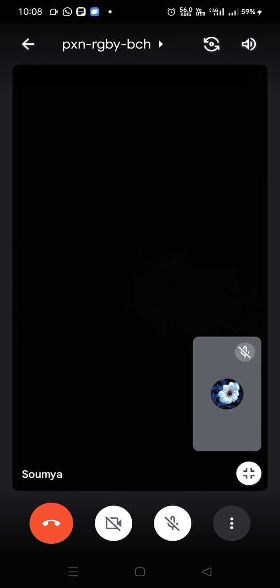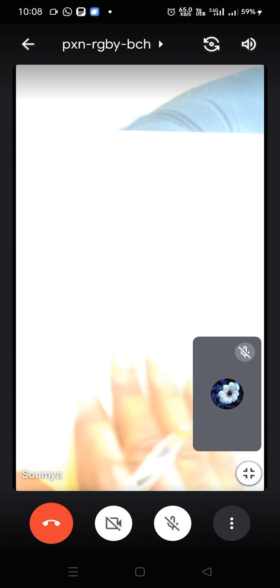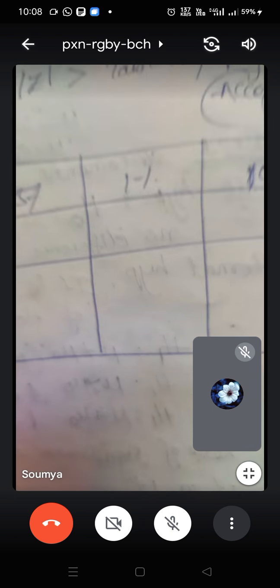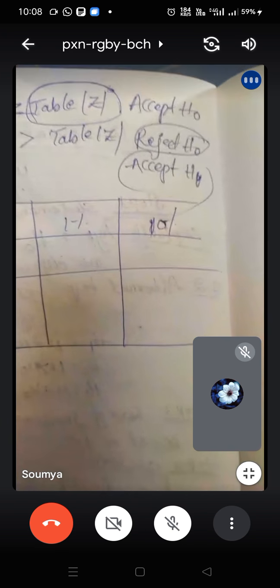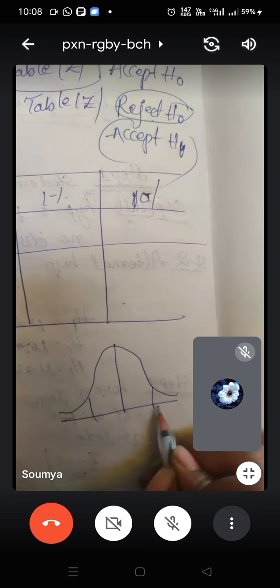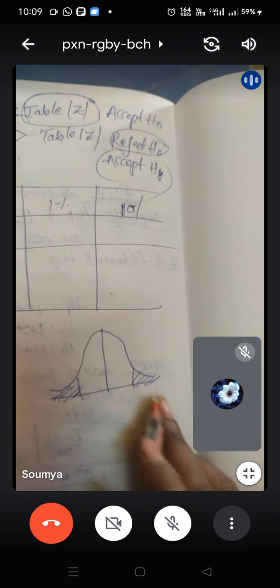Okay. So here we have 5% rejection. What is meant by two-tail? This is nothing but two-tail.